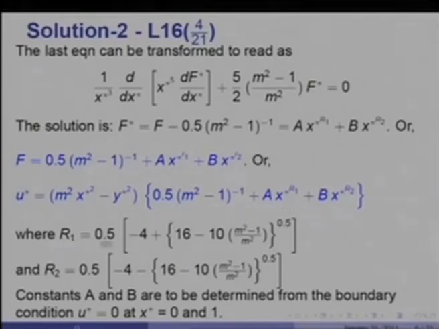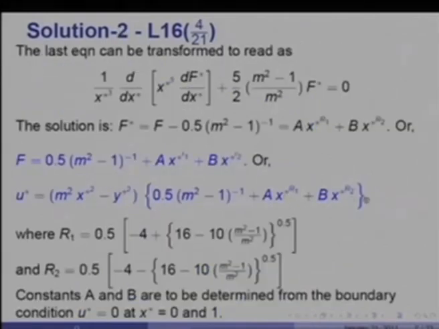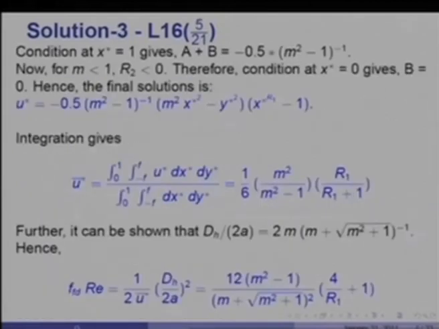So, where r 1 will turn out to be this and r 2 will turn out to be this, constants a and b are now to be determined from the boundary condition u star equal to 0 at x equal to 0 and x equal to 1, that is the apex and the base of the triangle. Condition at the base x star equal to 1 gives a plus b equal to that. If I put x star equal to 1, then I get this a plus b equal to 0.